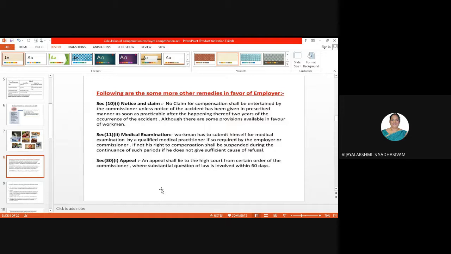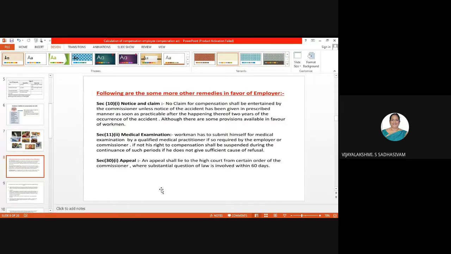Regarding section 11, subsection 2, medical examination. Suppose a workman is submitting to a medical examination. That has to be done by a qualified medical practitioner if it is required by the employer or the commissioner. And if he does not submit, his right to claim compensation should be suspended during the continuance of such period if he does not give sufficient cause for refusal.